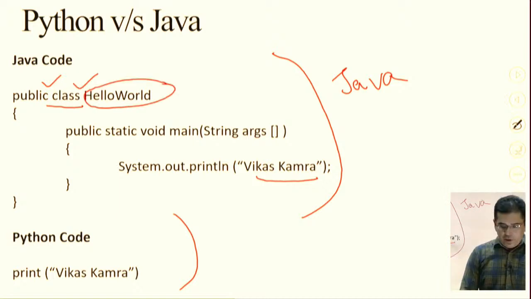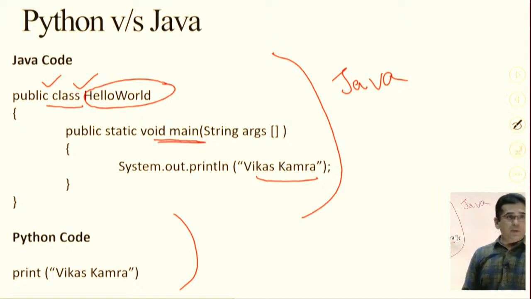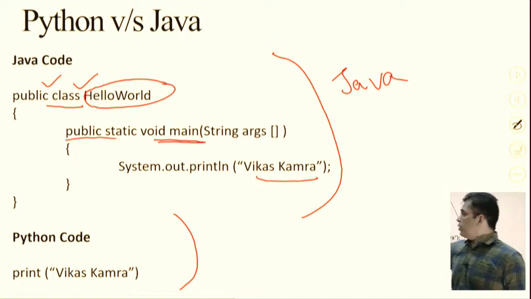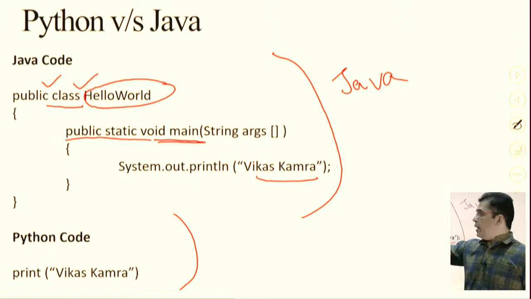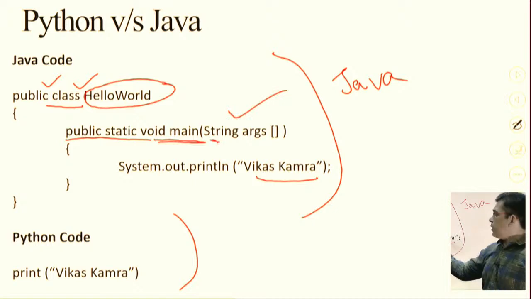Here I have written the name of the class as HelloWorld. Then I have to define the main function, as in every high level programming language, with its return type. So in Java, you need to write public static void main. Within the bracket, you need to give an argument String. The S should be capital because Java is a case sensitive language.